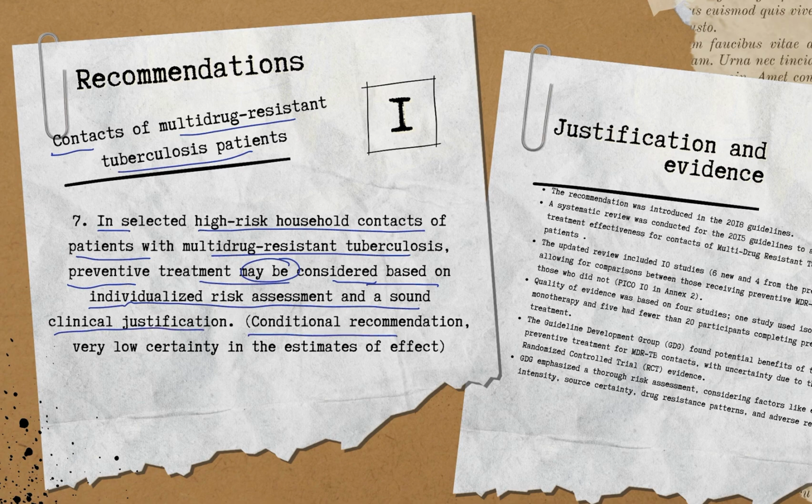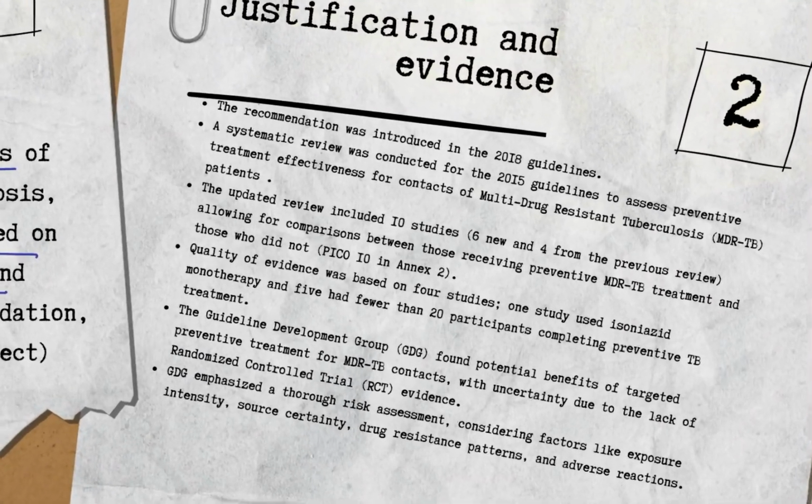Basically, it is a conditional recommendation, so a physician can reassess the patient's condition, the contact's condition, and any risk factors. All the conditions should be checked by a physician, who can then decide whether the patient could be considered for preventive treatment.